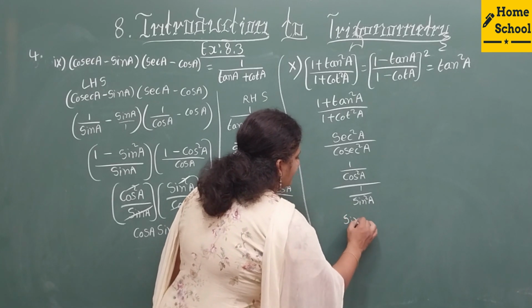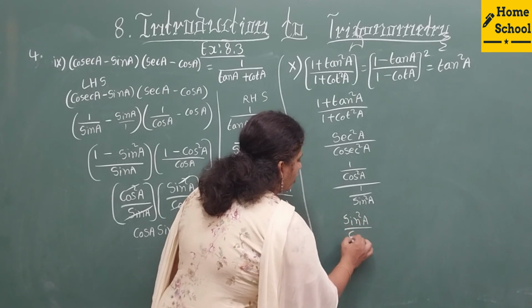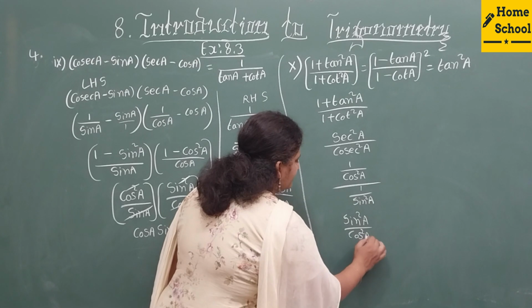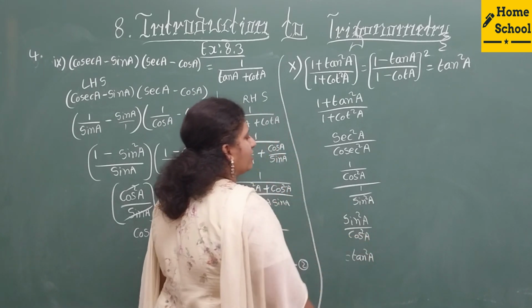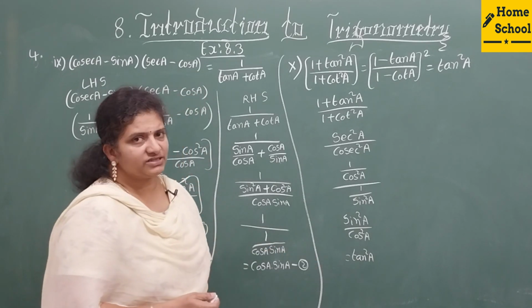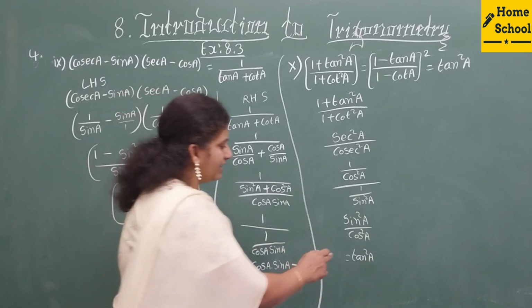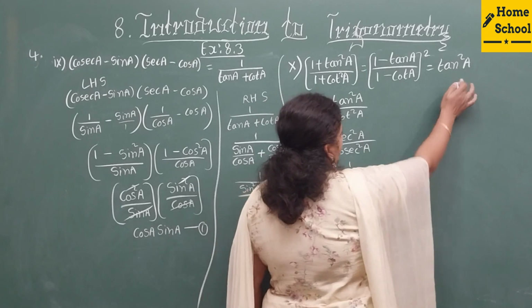You are going to get sin square A by cos square A. That is none other than tan square A. Sin A by cos A whole square, that is tan square A. Directly you can write. See, tan square A means this one you got equal.